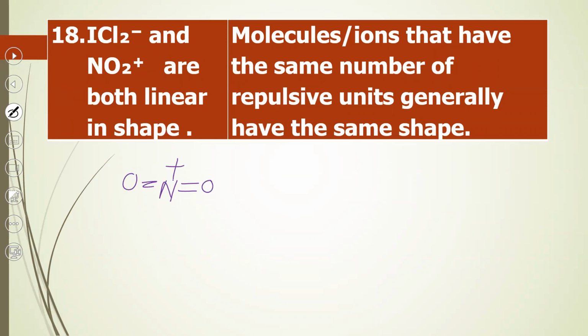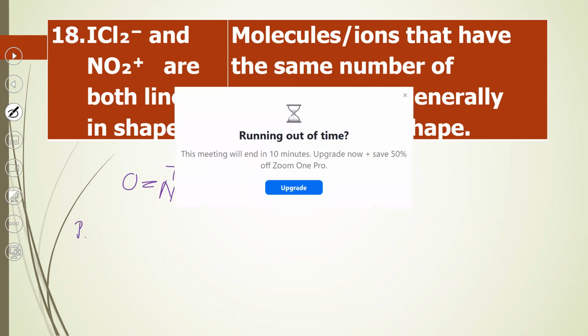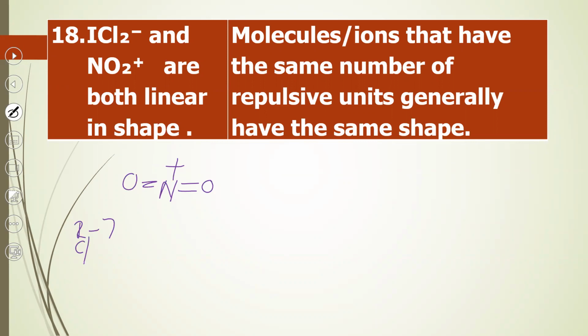ICl2 minus: iodine has 7, plus 2 chlorines, and the -1 charge, altogether 10. 10 divided by 2 becomes 5. The 5 electron pair geometry is trigonal bipyramidal, but you only have 2 chlorines. The other 3 are lone pairs. That is also linear. So the answer is correct. I don't know whether you may be able to do these things, so I think you may practice.